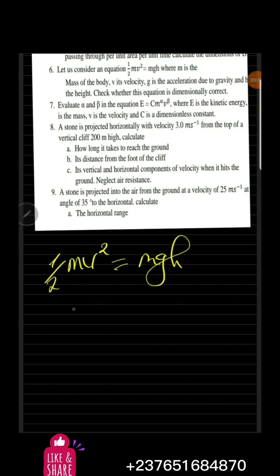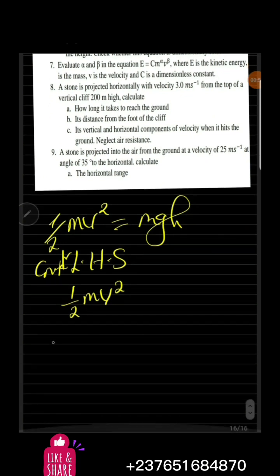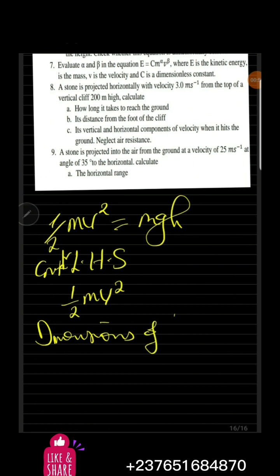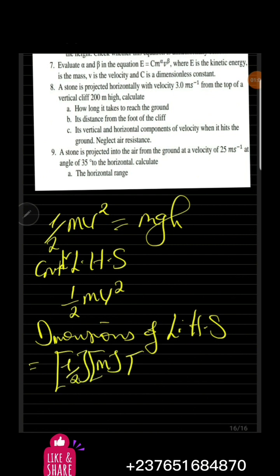So let us start with the left hand side, half mv squared. Considering the left hand side, the dimensions of the left hand side equal the dimensions of half, dimensions of m, and dimensions of v squared.